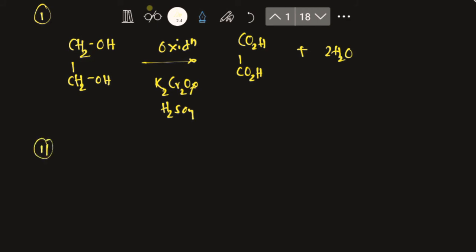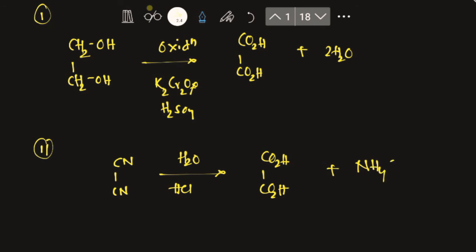The second method is from cyanogen. What is cyanogen? It is a dicyanide, and when cyanogen undergoes hydrolysis in acidic medium, it is converted into oxalic acid. The byproduct is ammonium chloride: nitrogen is converted into ammonium chloride as a salt.